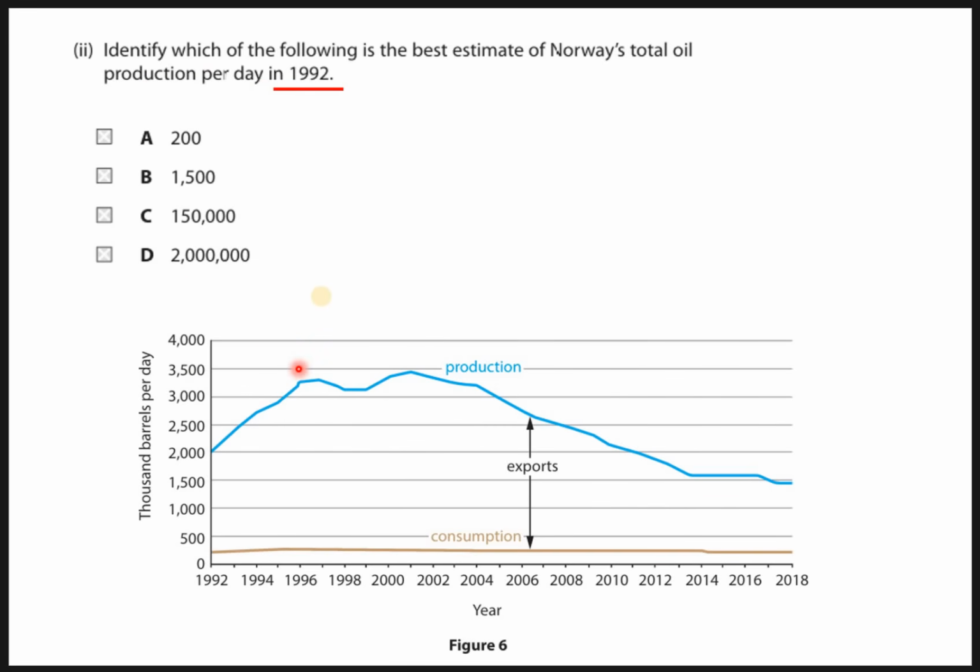The keyword is estimate, but you need to find the axis, the 1992 axis. Then move up to the blue production line. So the value is 2000 on the y-axis, but of course note the units. This graph is measured in 1,000 barrels per day, not barrels per day. So 2000 times 1000 is 2 million.